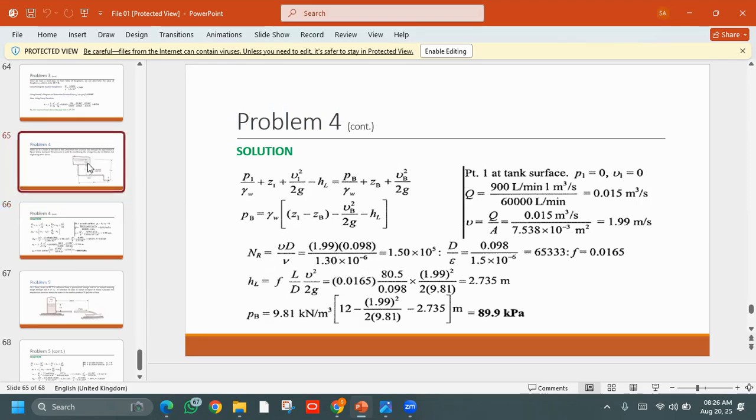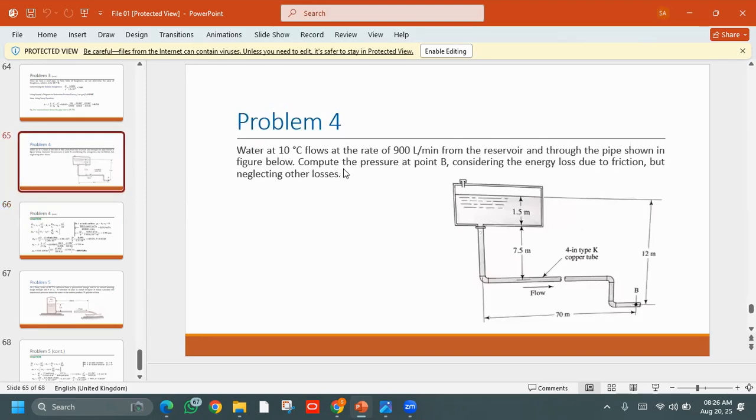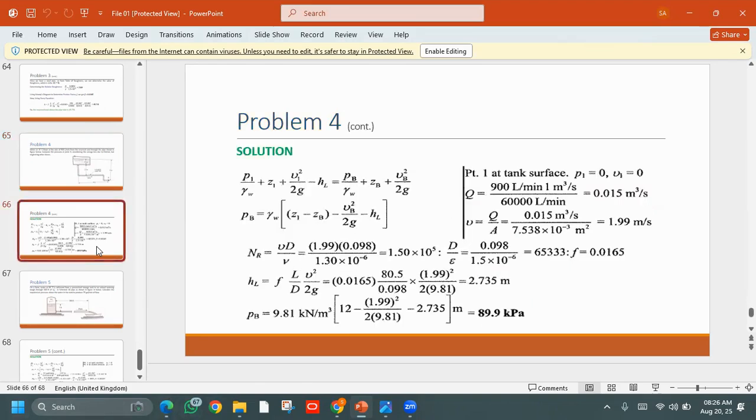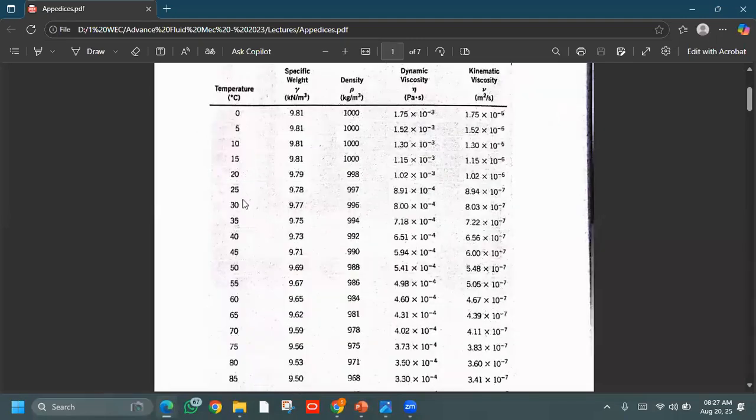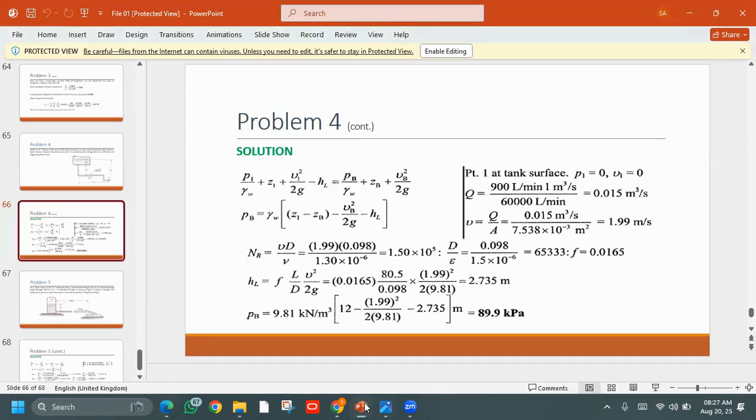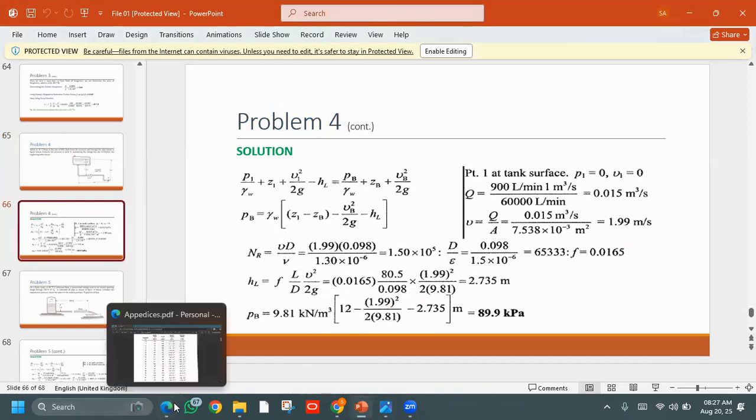At 10 degrees centigrade, water has a kinematic viscosity equal to 1.30 times 10 to the power minus 6. So we have this table A1 at 10 degrees centigrade, and this is the value we have chosen from the table.